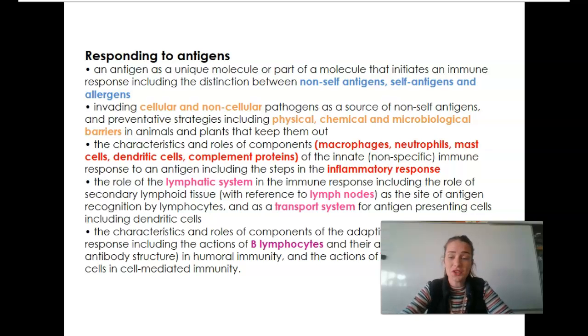It's kind of nice to know that there are other elements as well. And maybe appreciate some of the names of them, be able to recognize that there are other cells, but the details, what you actually need to know about, are these ones: macrophages, neutrophils, mast cells, dendritic cells, and complement proteins. So those 5, keep the specifics to those 5.